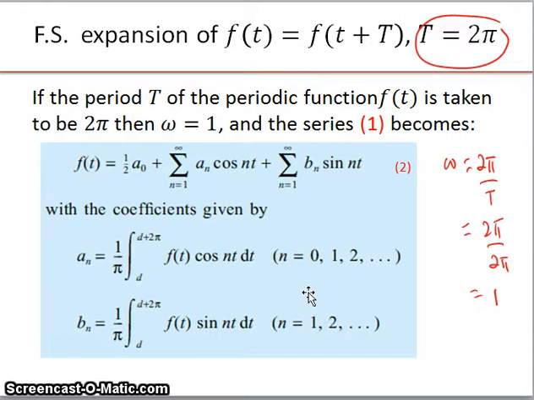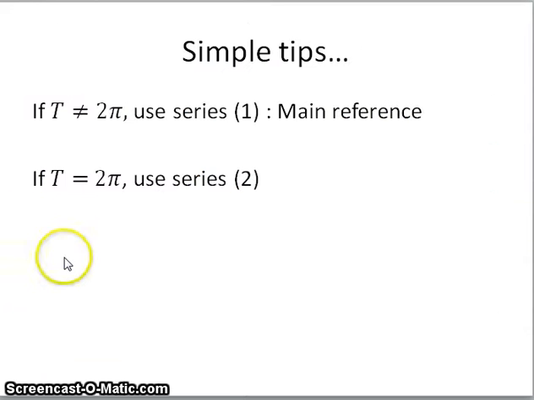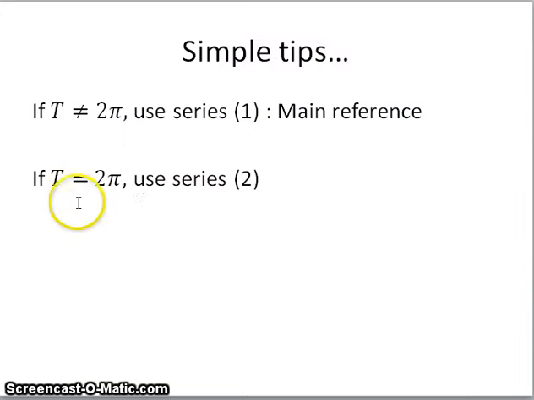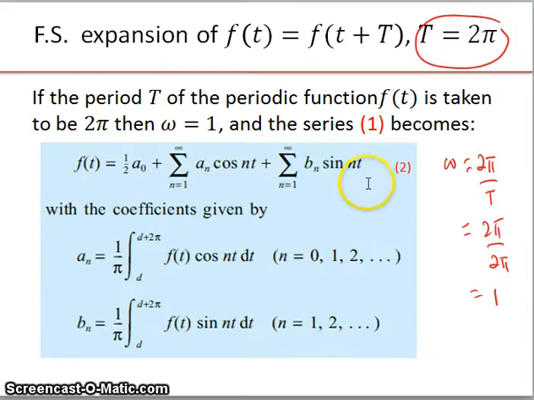So for any Fourier series expansion, these coefficients are very crucial for us to identify the f(t). There is a simple tip here. If we have a periodic function where T is not equal to 2 pi, then we can use equations in series 1, like this one. Or if we have T equals 2 pi here, we can straight away use this series.